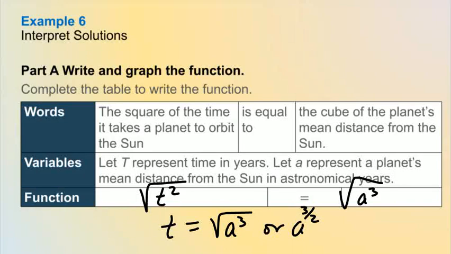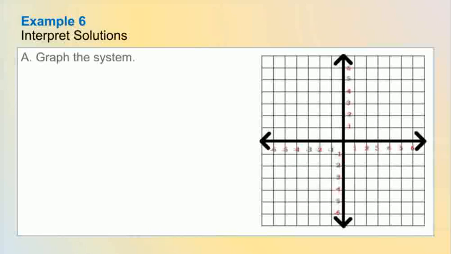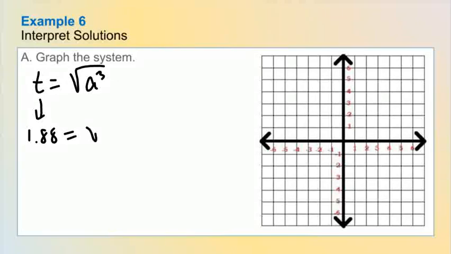Now it says that it takes Mars 1.88 years to orbit the sun, so we can write that as the time. We have t equals the square root of a cubed. If the time was 1.88, we can now solve for this one. So we can have two equations.